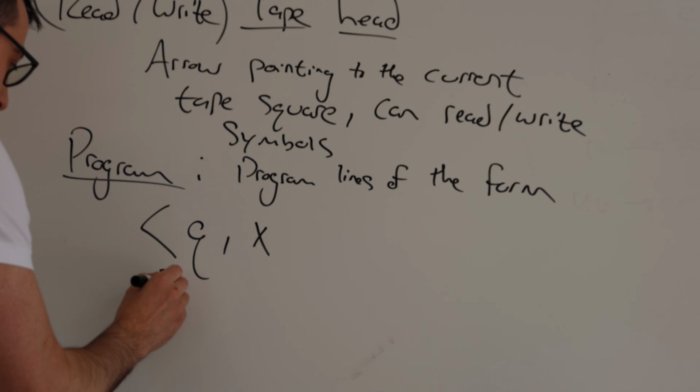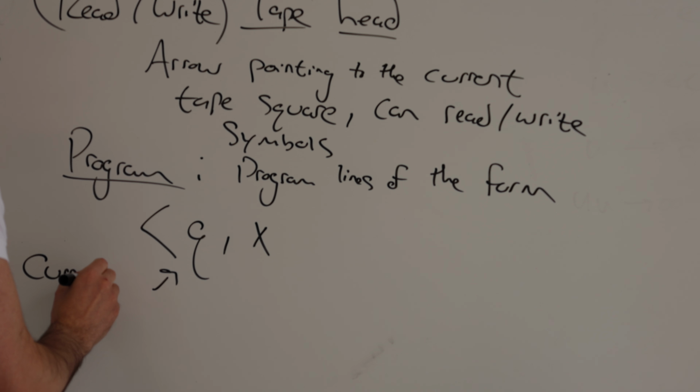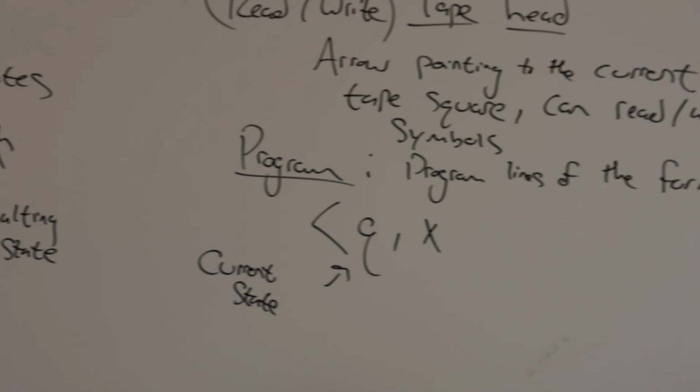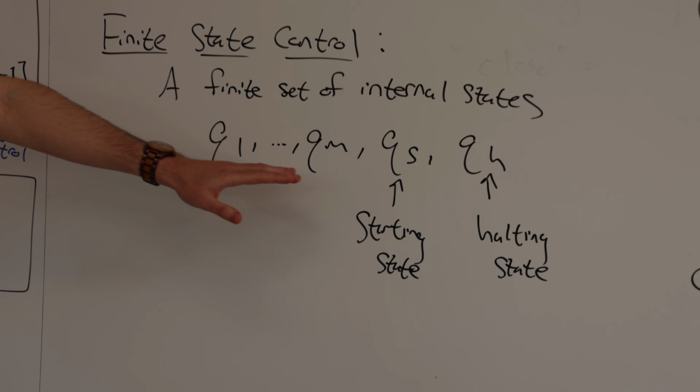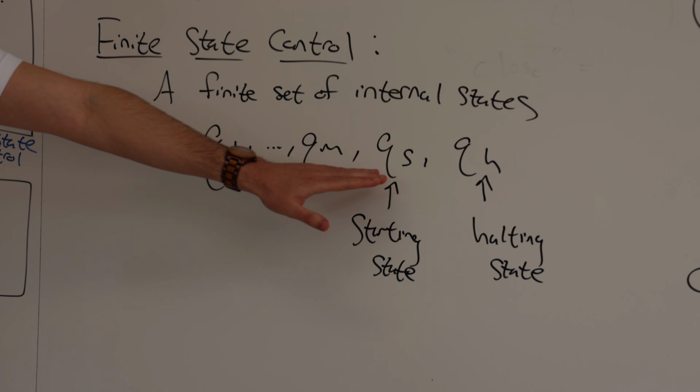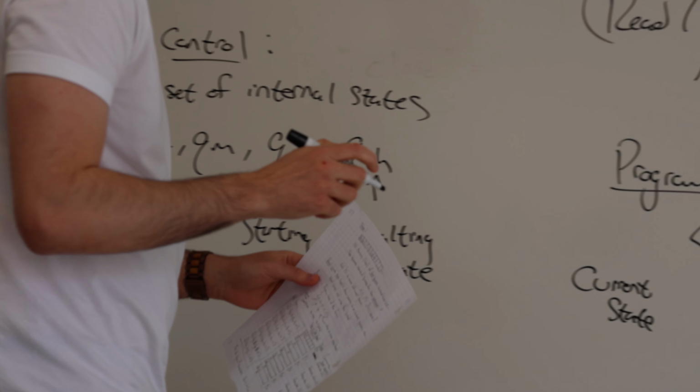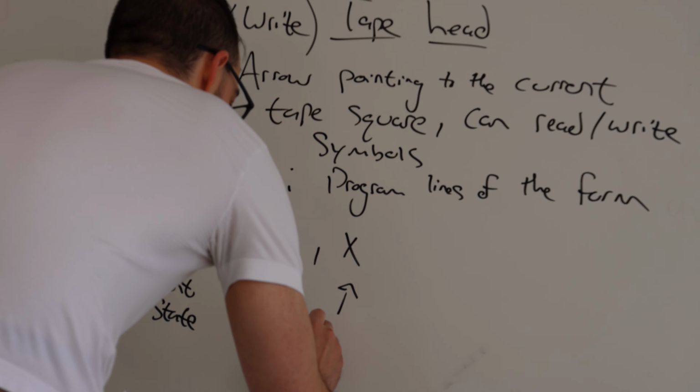So the first two items will have the current state. Remember, the state is referring back to the state control. It's one of the states that we could be in, Q1 through Qm, with the two special states. And then we'll have x being the current symbol.